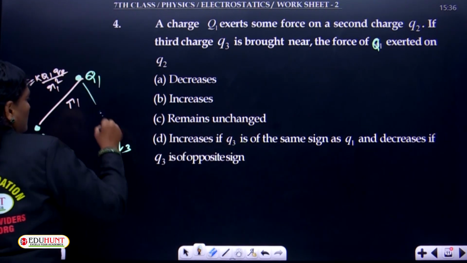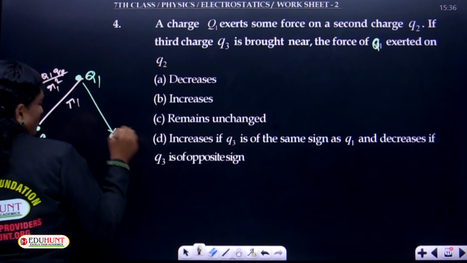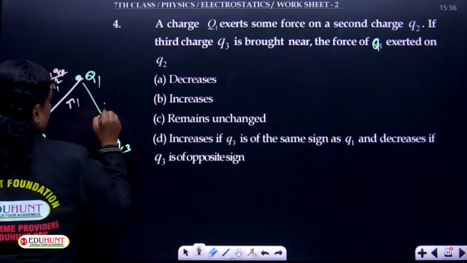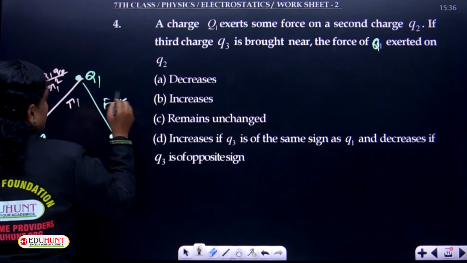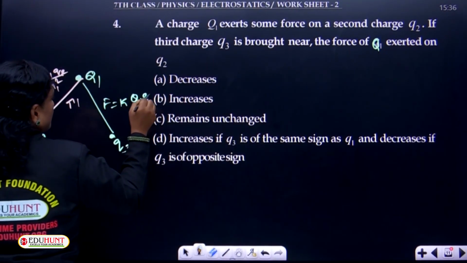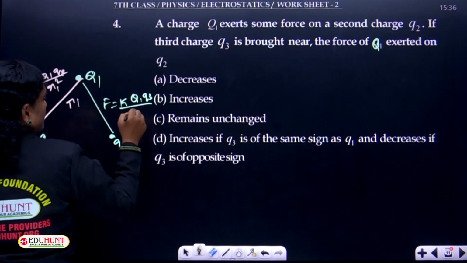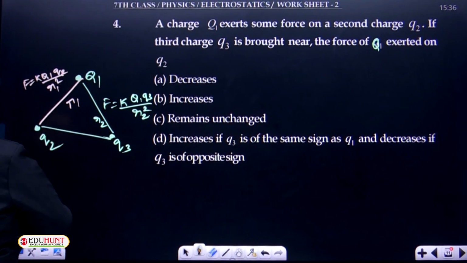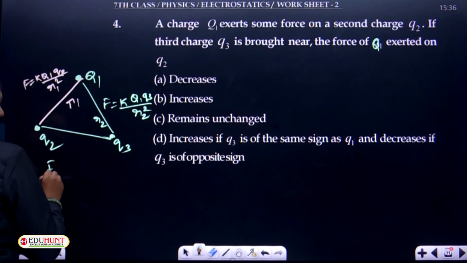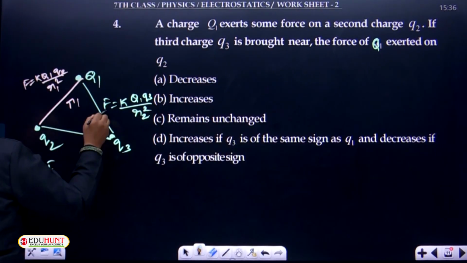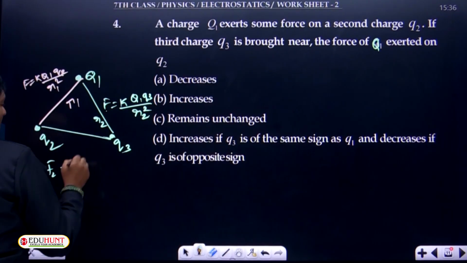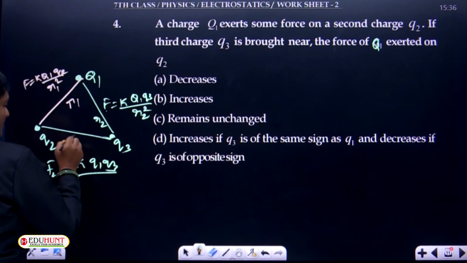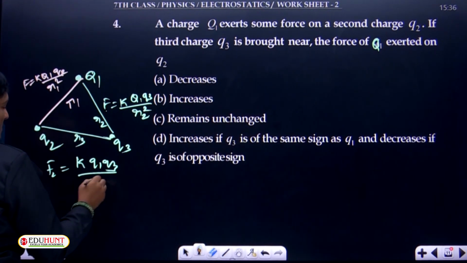Well, the force between these is equal to F equals K times Q1 Q3 upon the distance, whatever distance you have considered. Similarly, between these two also some force exists, which we consider as K times Q1 Q3 upon this distance, say R3 whole square.